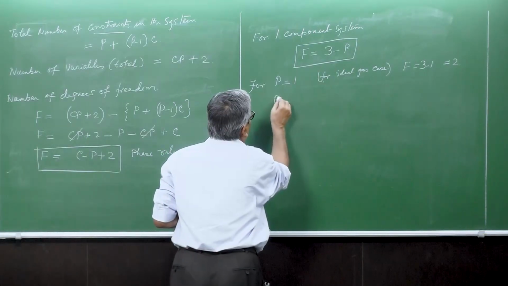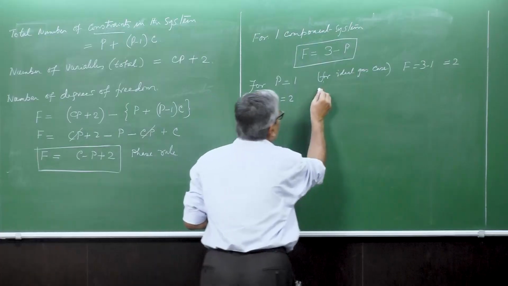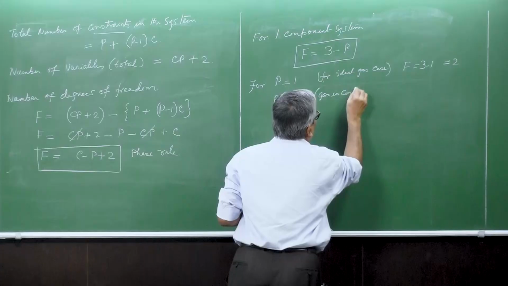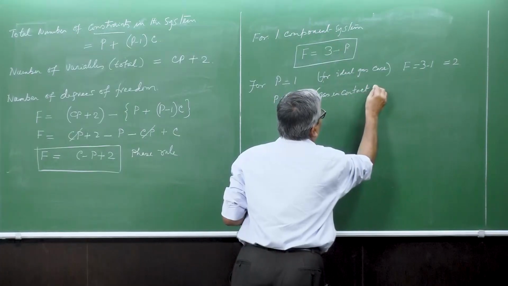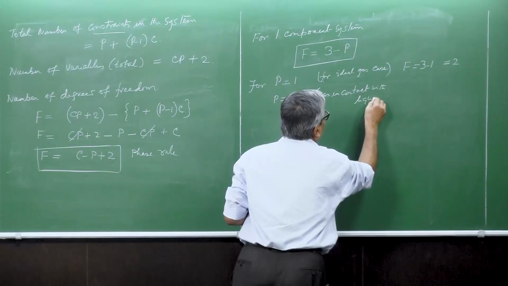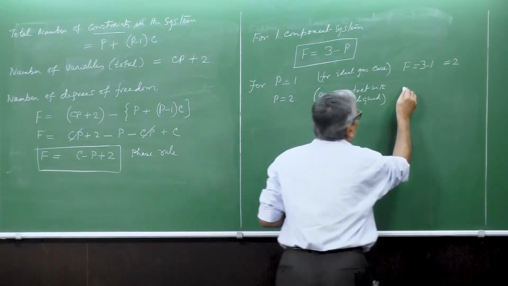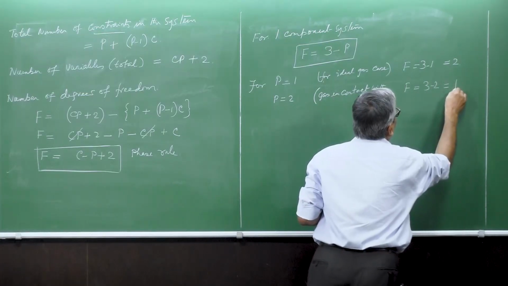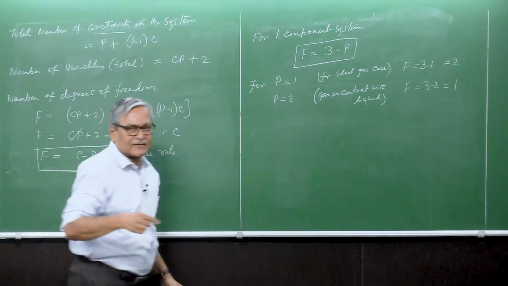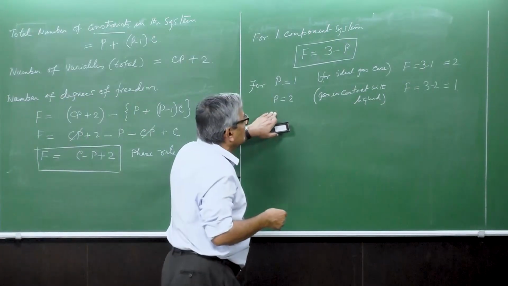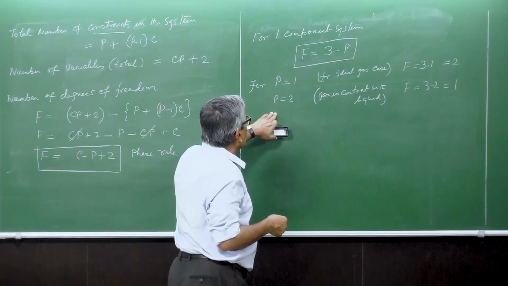For P equal to 2, gas in contact with liquid, that is in a two-phase situation, we have F equal to 3 minus 2 equal to 1. That we also discussed when we began this discussion.